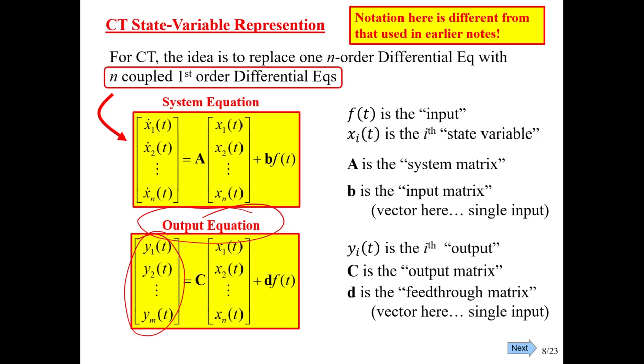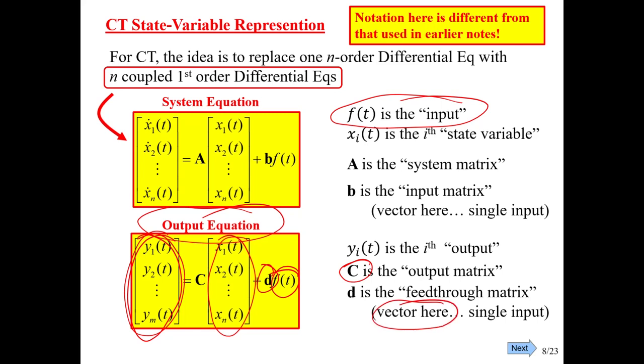So this C matrix will be M by N, so that it interacts with the n-dimensional vector to give us an m-dimensional output vector. And then D, since f of t is just a single input, D will be a column vector here, and that's called the feed-through matrix.